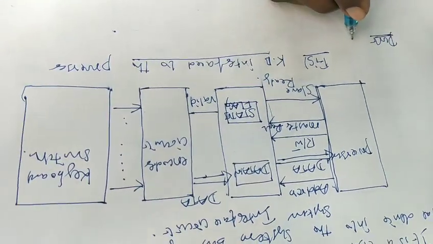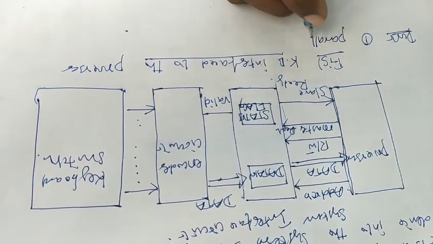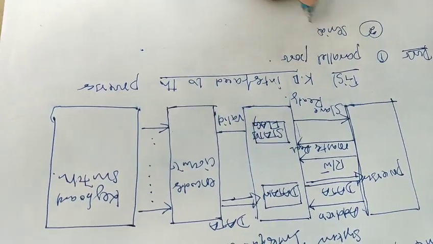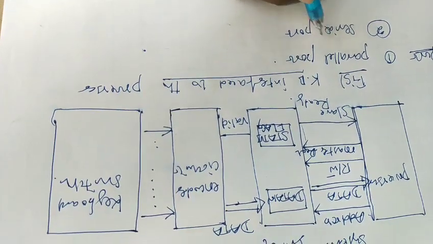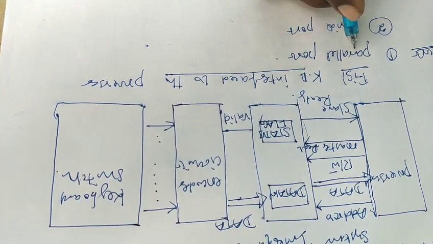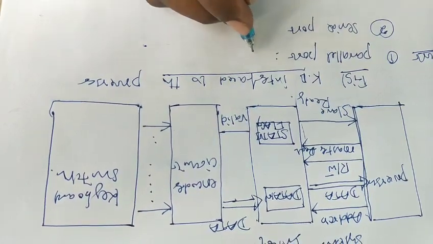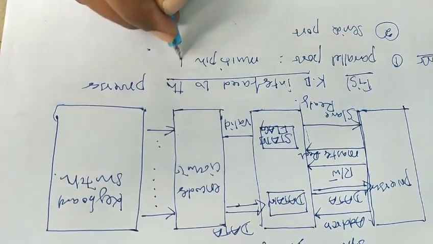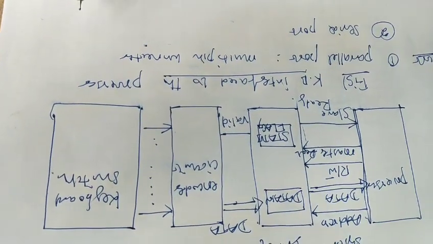Regarding ports, there are two categories. The first one is the parallel port and the next one is the serial port. We should know what a parallel port is, what a serial port is, and in what situations we prefer to use each. A parallel port is a multi-pin connector which connects the input device to some other component.